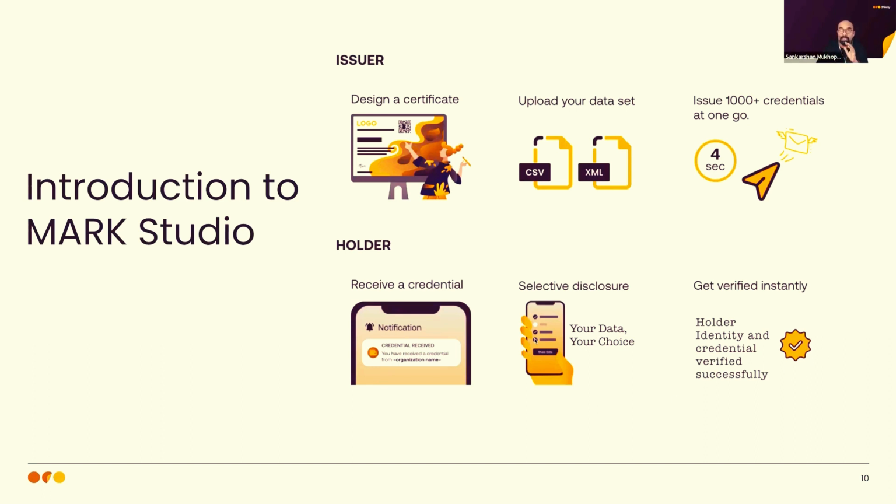The key takeaway from this is very simple and very precise: the transition from traditional paths of credentialing to a more modern, secure approach is easy. Platforms such as Mark Studio exist to enable either a web-based issuer experience, or a third-party application integrated issuer experience.